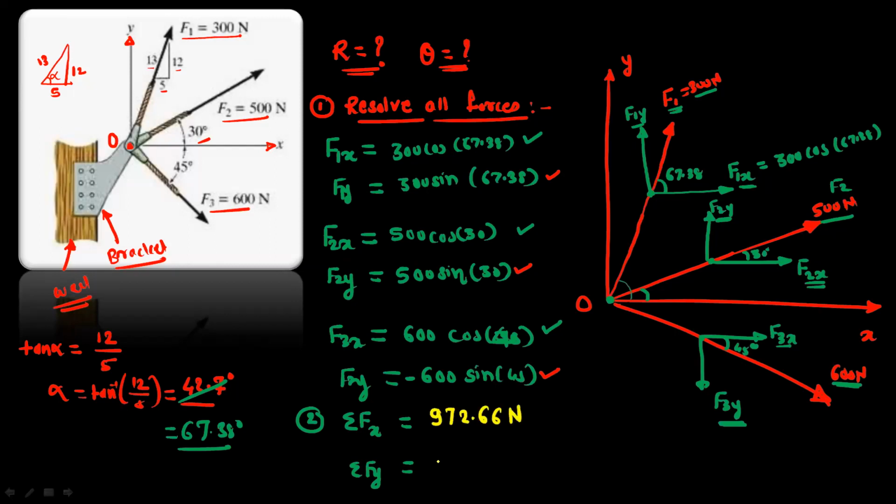And the summation Fy, is it 102.65 Newton? Okay, both the values are positive. The meaning of positive answer for summation Fx: summation Fx is nothing but x component of resultant and summation Fy is y component of resultant. Positive answer means it is towards positive x direction and this is towards positive y direction. Now we have to replace the original system of forces by the resultant. That means we will only show the single force instead of three forces.